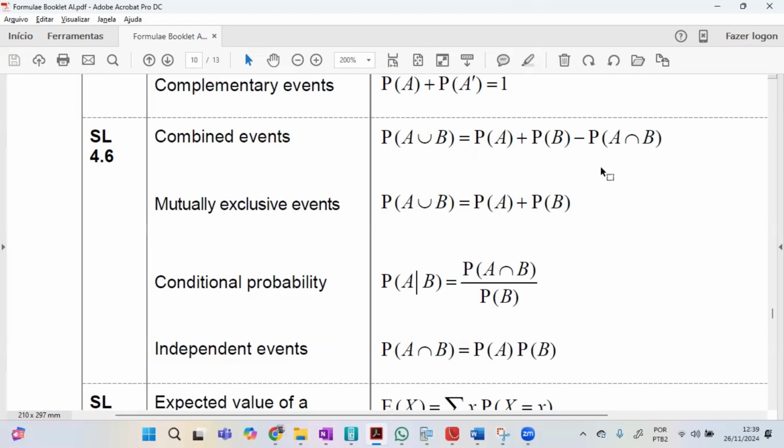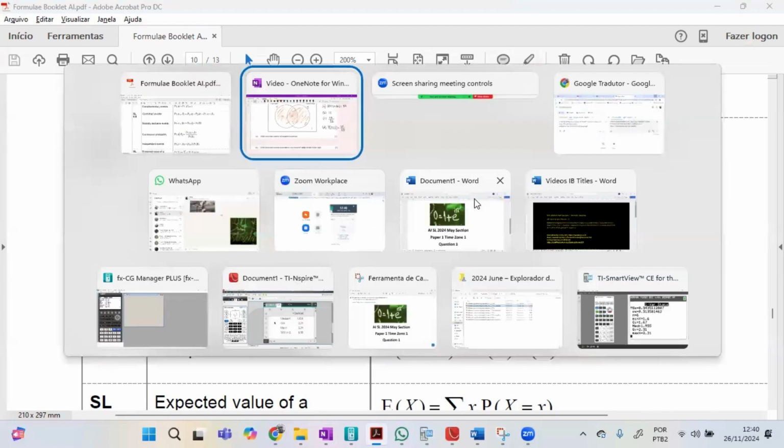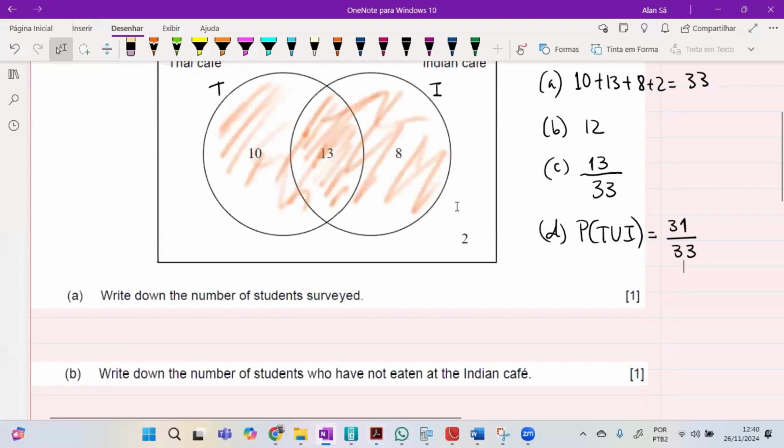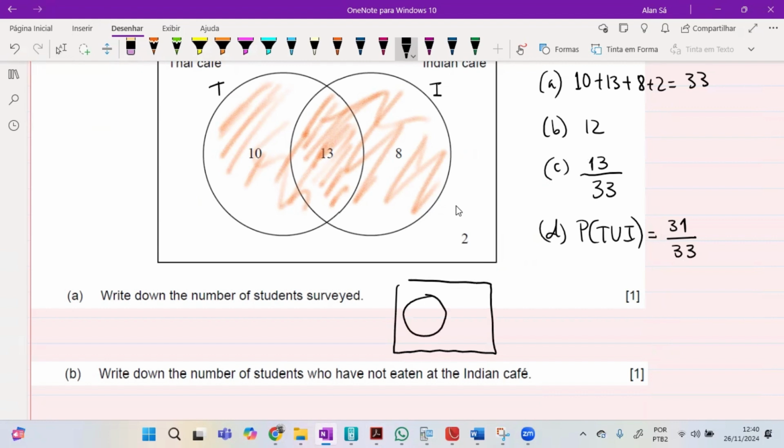In the case of mutually exclusive events, there is no intersection. A diagram to represent mutually exclusive events would be a diagram in which we would have no intersection between the sets. So that's not the case here. So that's why it's not a case of mutually exclusive events.